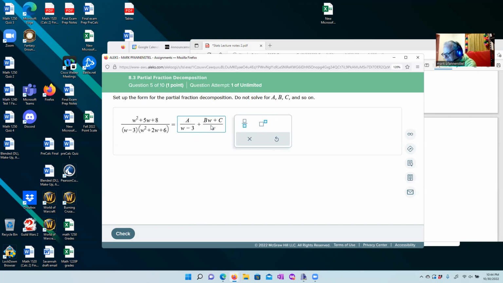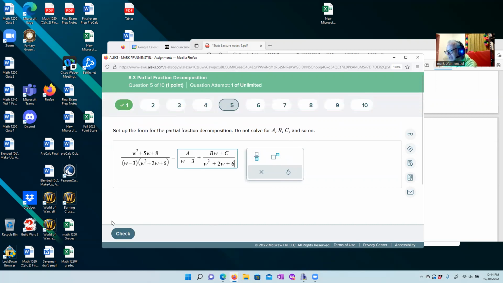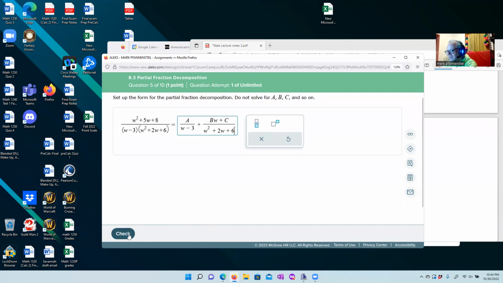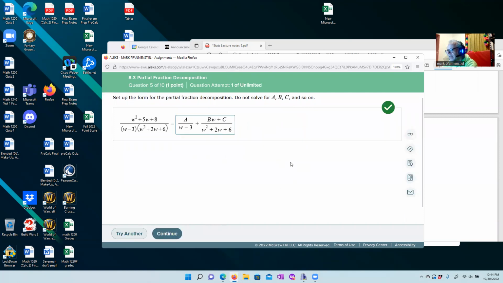So we have a w squared plus 2w plus 6, and we're going to call that good. They don't ask us to solve for them, so let's not do that because otherwise we'll be here all day trying to solve these things. So we get the green flag and we're ready to move on.